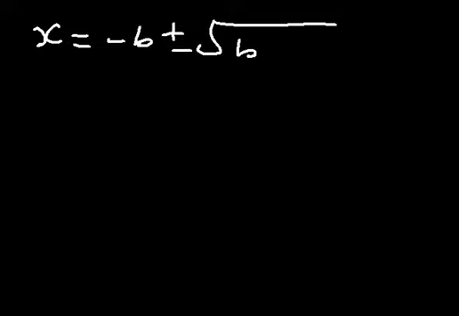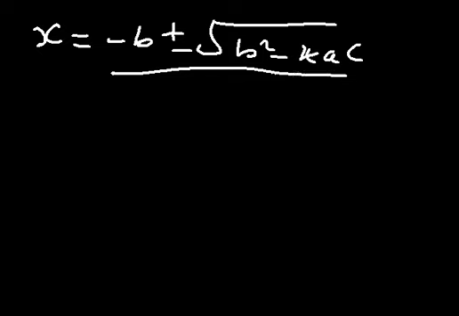One of the ways in which the quadratic equation can be solved is to use the quadratic formula, given as x equal to -b plus or minus the square root of b squared minus 4ac, all divided by 2a.